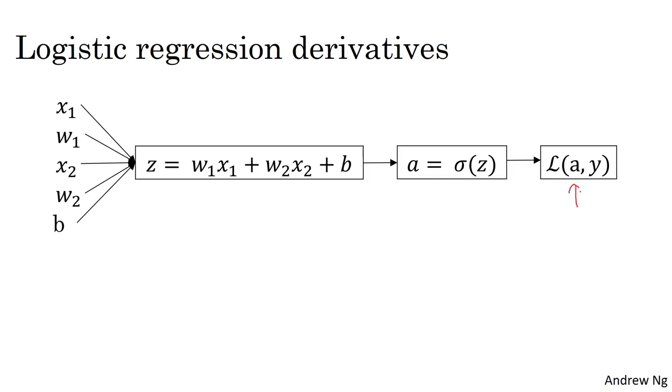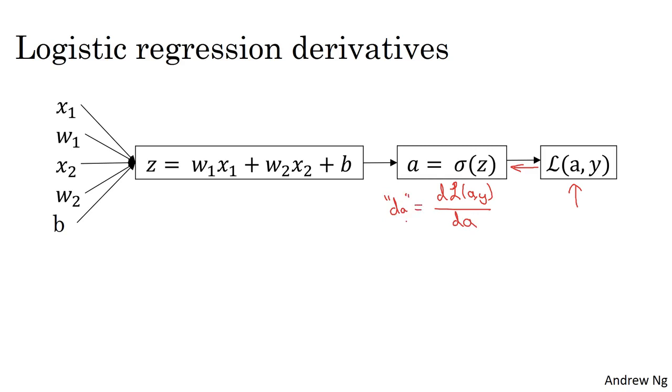Because what we want to do is compute derivatives with respect to this loss, the first thing we want to do, going backwards, is to compute the derivative of this loss with respect to this variable a. In the code, you just use dA to denote this variable.